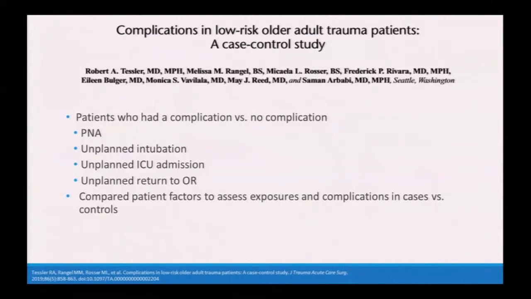And the complications that they looked at specifically were pneumonia, unplanned intubation, unplanned ICU admission, and unplanned return to the OR. And then of those patients, they looked at what kind of correlation they could find to patient-specific factors or events that could have led to complication.